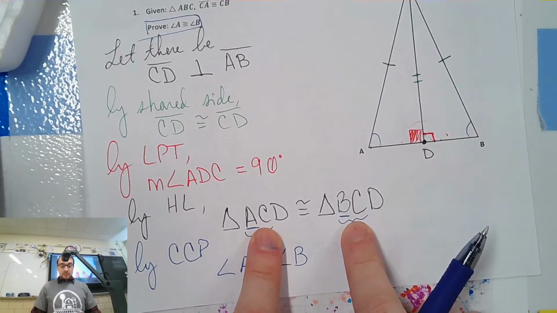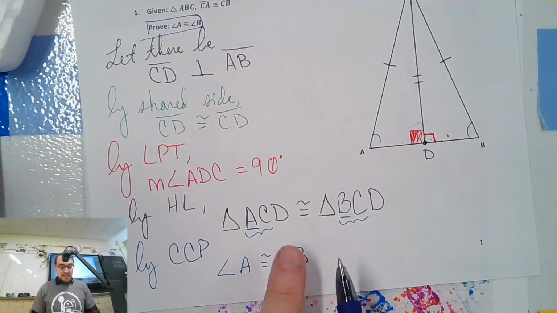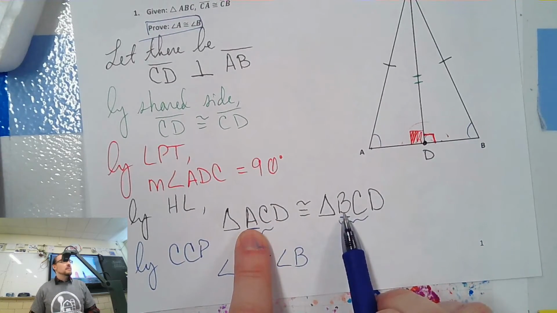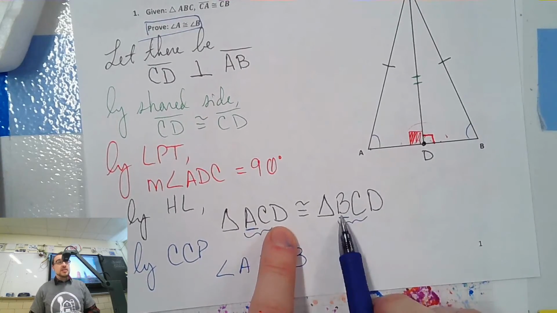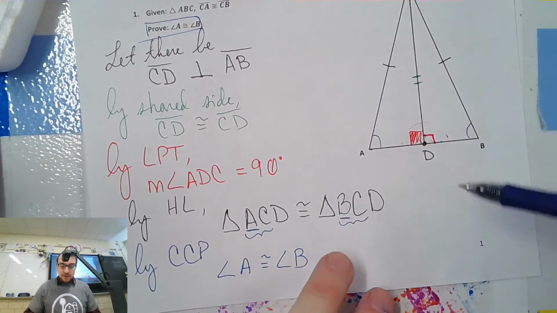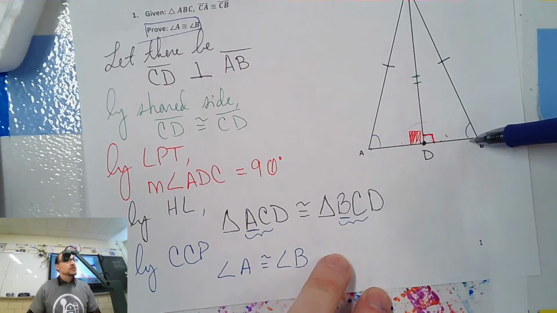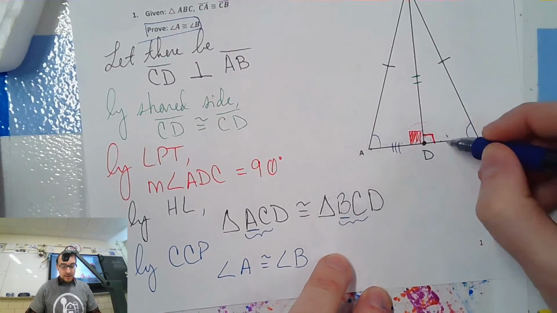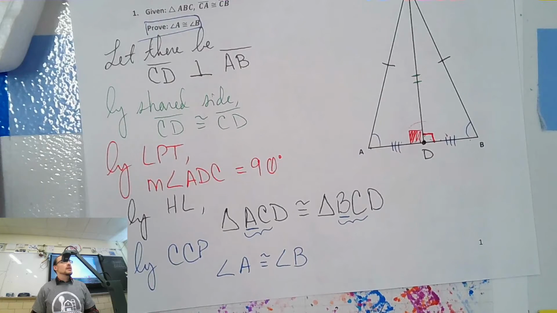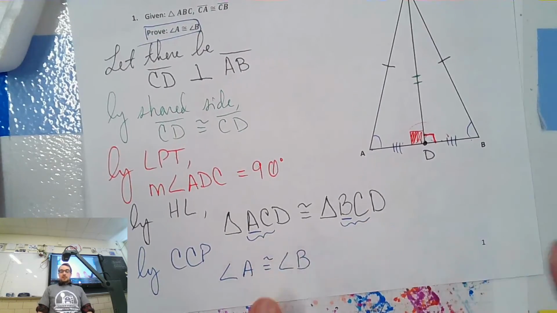Corresponding parts will be congruent. If they're in the same spot, they're the same. DA and DB will be the same. See how DA and DB are in the same spot, the two outer ones, right? Here's DA, here's DB. So by CCP, I can also say these are the same. The parts match up. So first you prove the triangles are congruent, and then you say their parts match up.